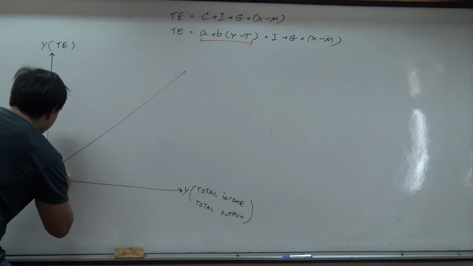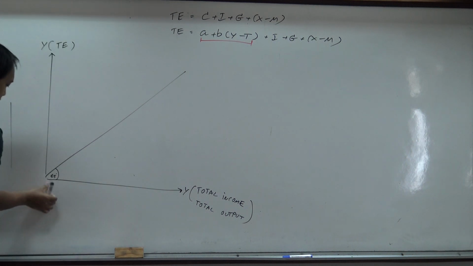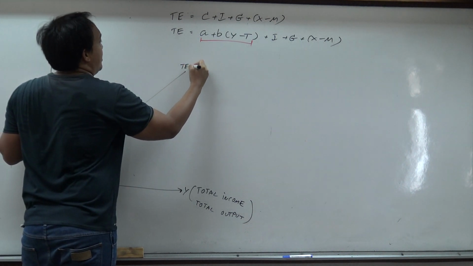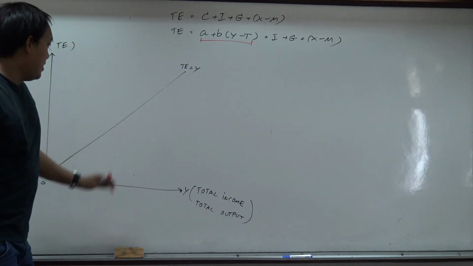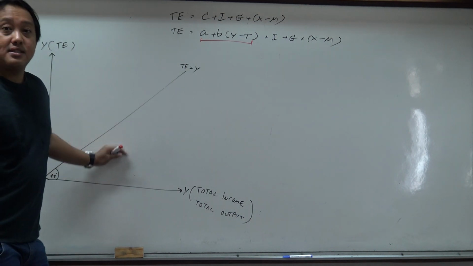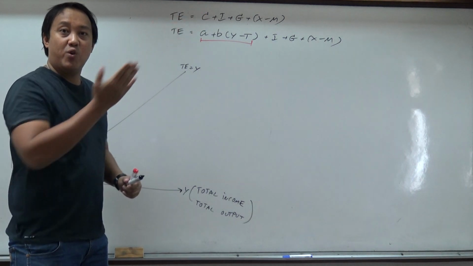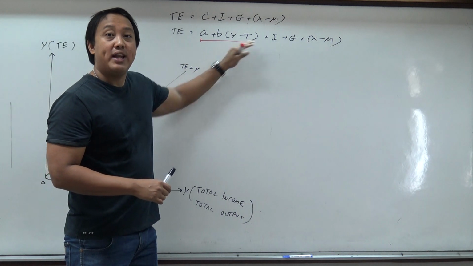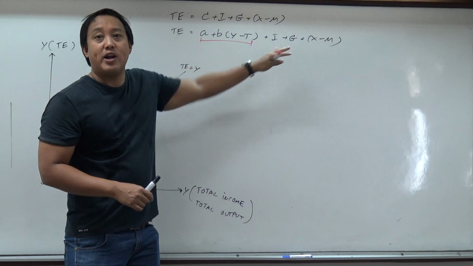You have the 45-degree line, which means total expenditure is always equal to total income and total output. As I showed you before, you're going to have the consumption curve, and then we add consumption to investment, government spending, export and import.